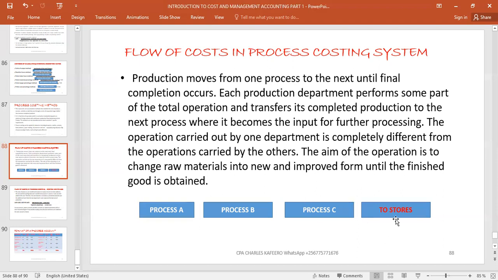And when we get these units, then we can take them to store. Either we sell them or we take them for stock taking and other computations that may happen, and we know how much we've incurred and what output we've got. We try to compare it with the input, and we try to see whether we've made a profit or a loss, depending on the number of units we produced.